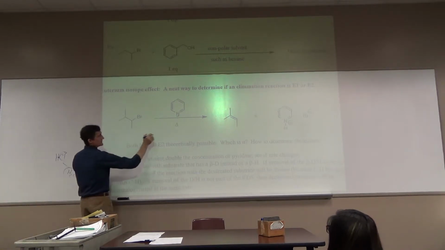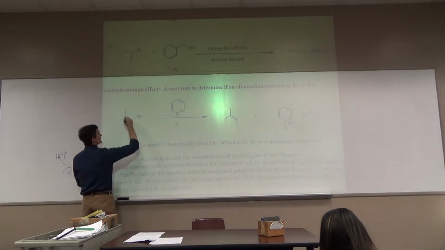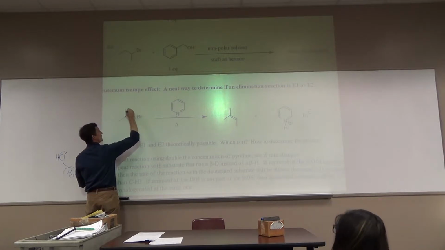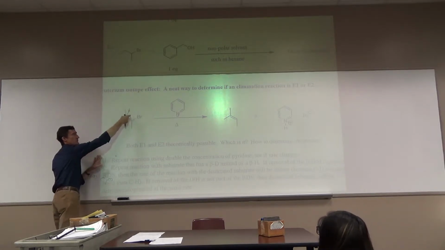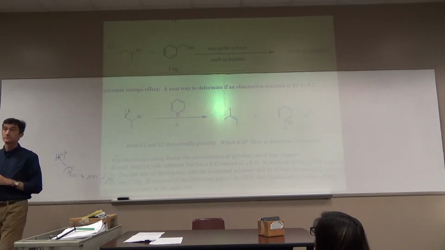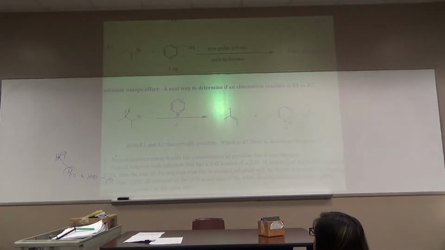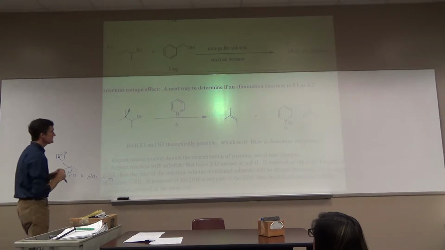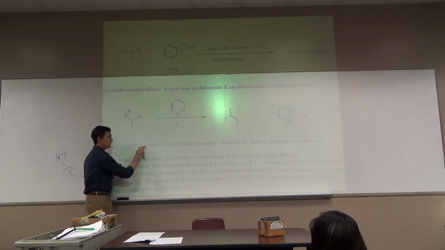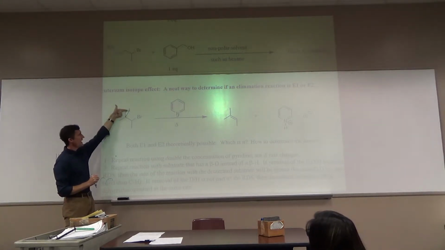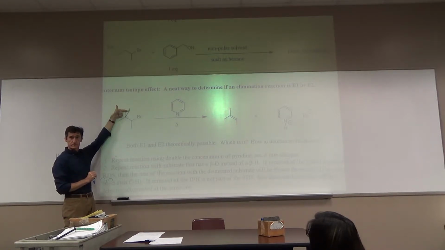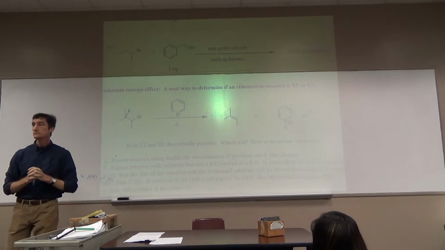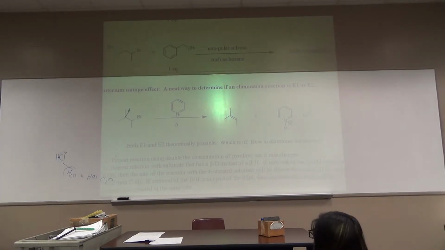In elimination here, the beta hydrogen is removed, right? Ultimately, that H is removed. I agree there. Let's think about this. In which mechanism, E1 or E2, is the beta hydrogen removed in the rate determining step? E1 or E2? Or both?